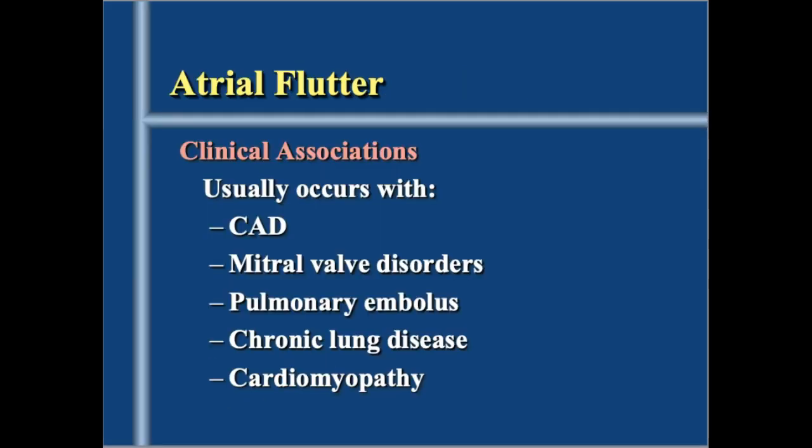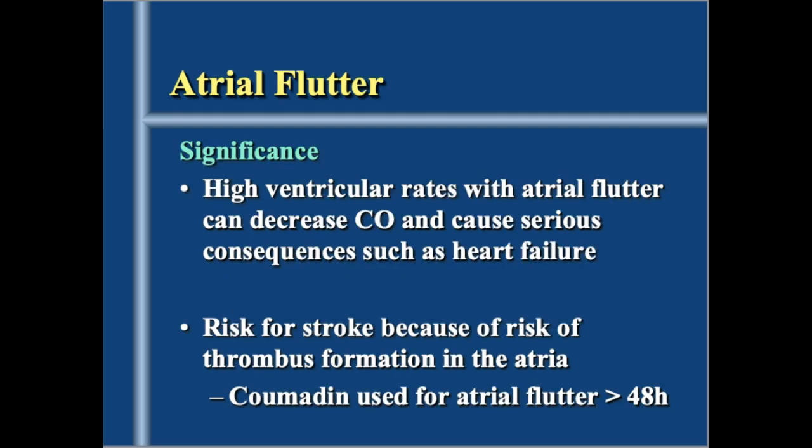And this is what you see atrial flutter with. Often you'll see this with mitral valve disorders, chronic lung disease, cardiomyopathy, sometimes with pulmonary embolus. If you have high ventricular rates with the atrial flutter, your cardiac output can become decreased. This can cause you to go into heart failure. You do have an increased risk for stroke because of the risk of thrombus formation in the atria.